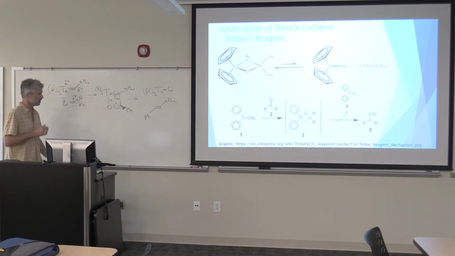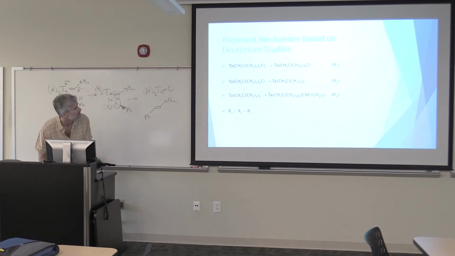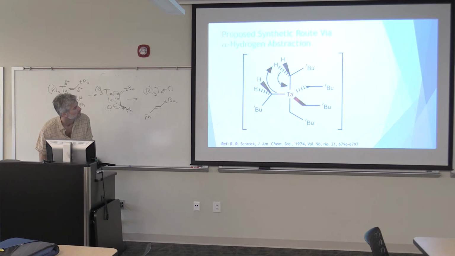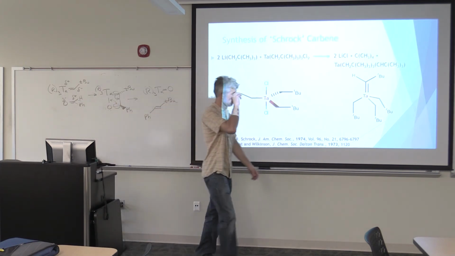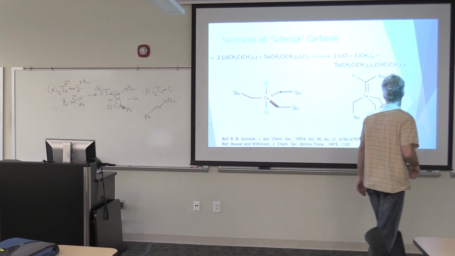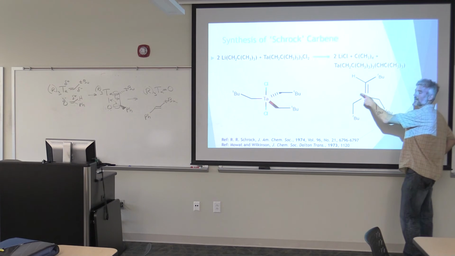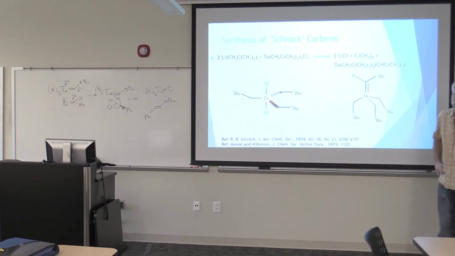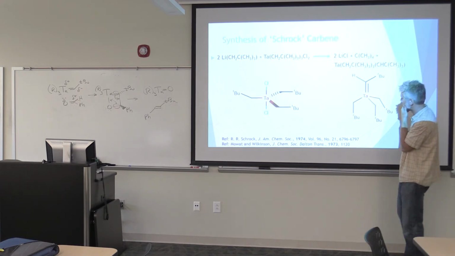For the last thing, let me see if I can go back here. What's our total electron count for this tantalum species? So that's a d electron count. Oh, you mean just the total number of electrons.